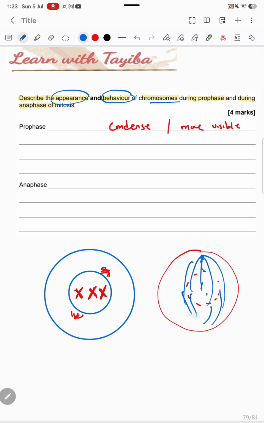So we have the spindle fibers in the cytoplasm now, and the chromosomes arrange themselves on these spindle fibers. This happens at the prophase. So we can write over here: the chromosomes attached to the spindle fibers.